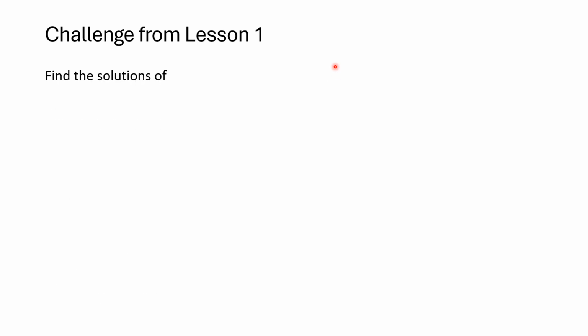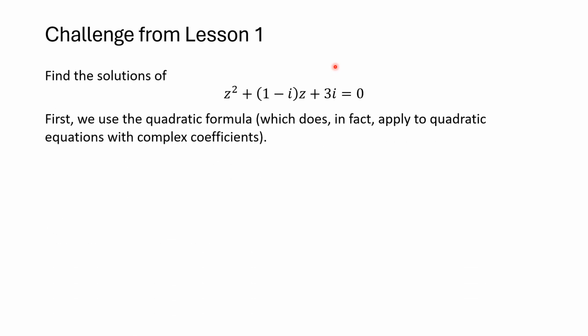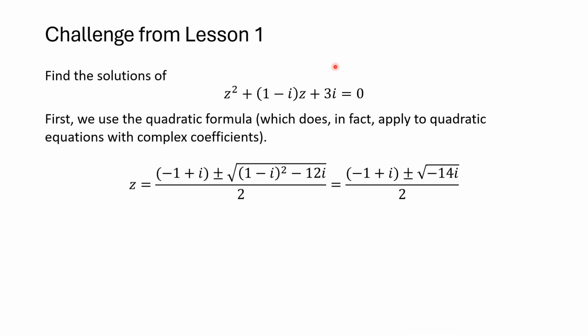You may recall I posed a challenge at the end of lesson number 1. We had this quadratic equation, and the challenge was to find the roots. If you got it, congratulations. It wasn't an easy problem. We'll solve it here in case you hadn't solved it already.